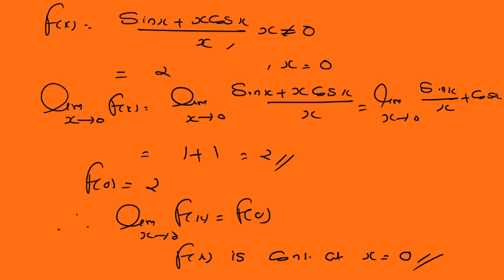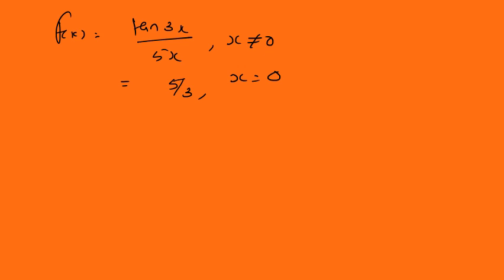Now, f of x is equal to tan 3x by 5x, for x not equal to 0, and equal to 5 by 3 at x is equal to 0.